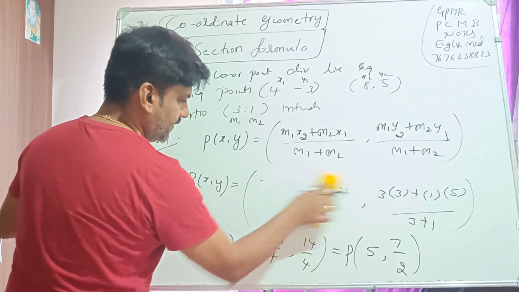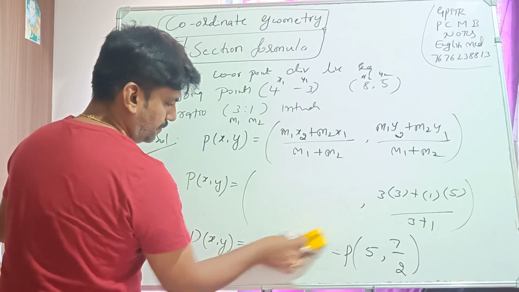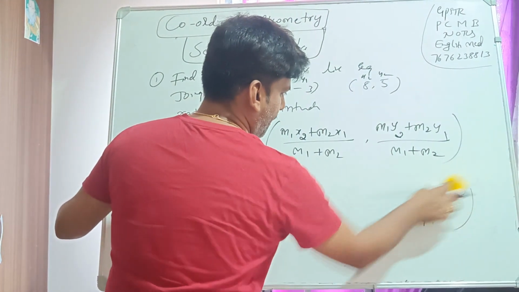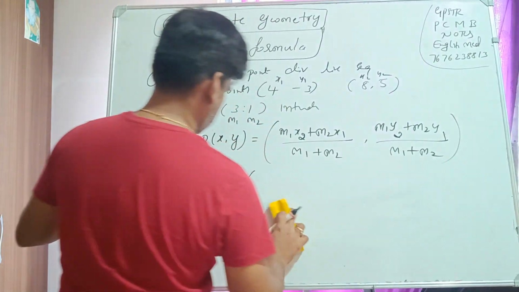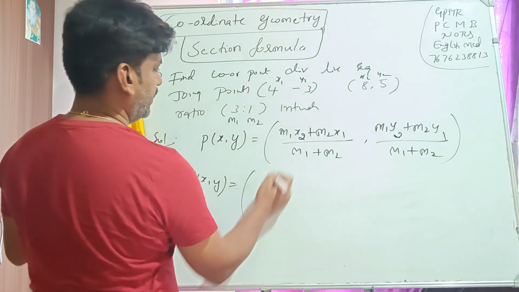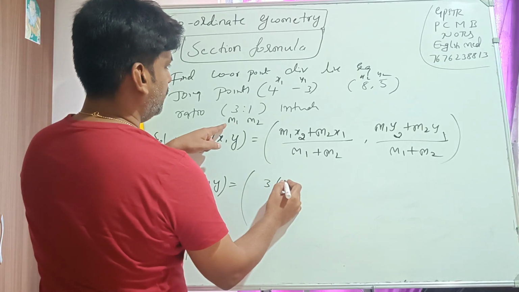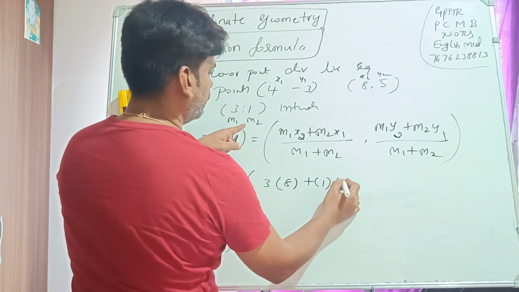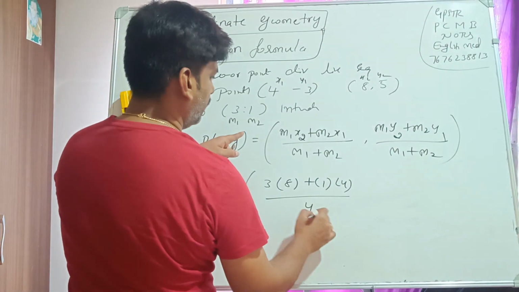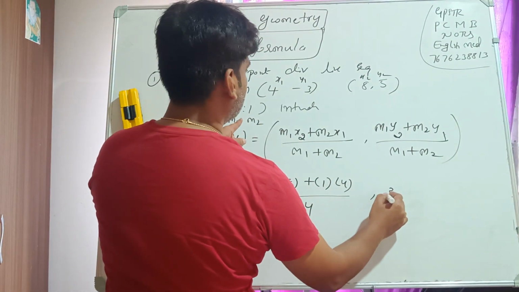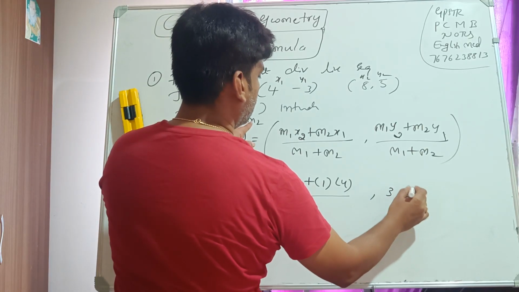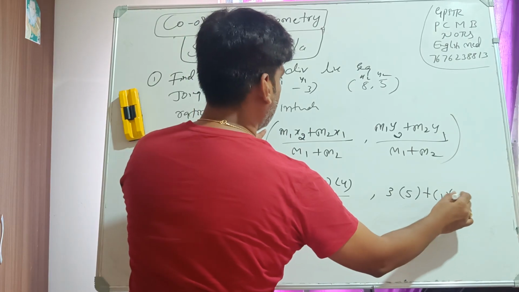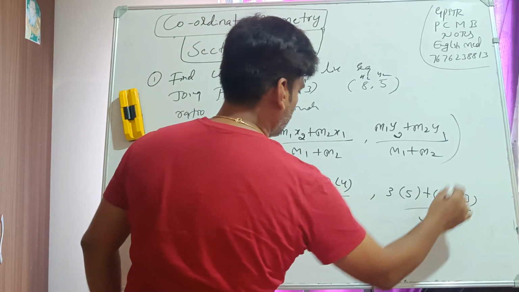So the formula is: m1 is 3, x2 is 8, m2 is 1, x1 is 4, divided by 4, and m1 is 3, y2 is 5, then m2 is 1, y1 is minus 3, divided by 4, right?